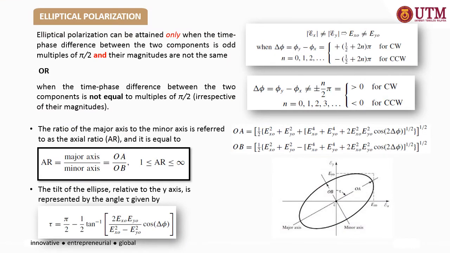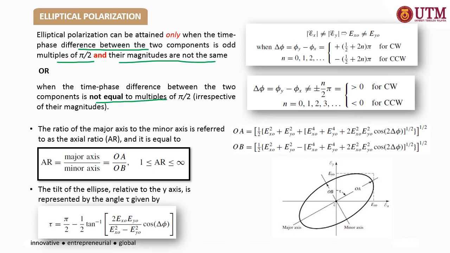For elliptical polarization, it can only be achieved when the time phase difference between the two components is an odd multiple of 90 degrees, similar to circular polarization. However, the magnitudes of both components are not the same in elliptical polarization, or when the time phase difference between the two components is not equal to a multiple of π/2, irrespective of their magnitudes.